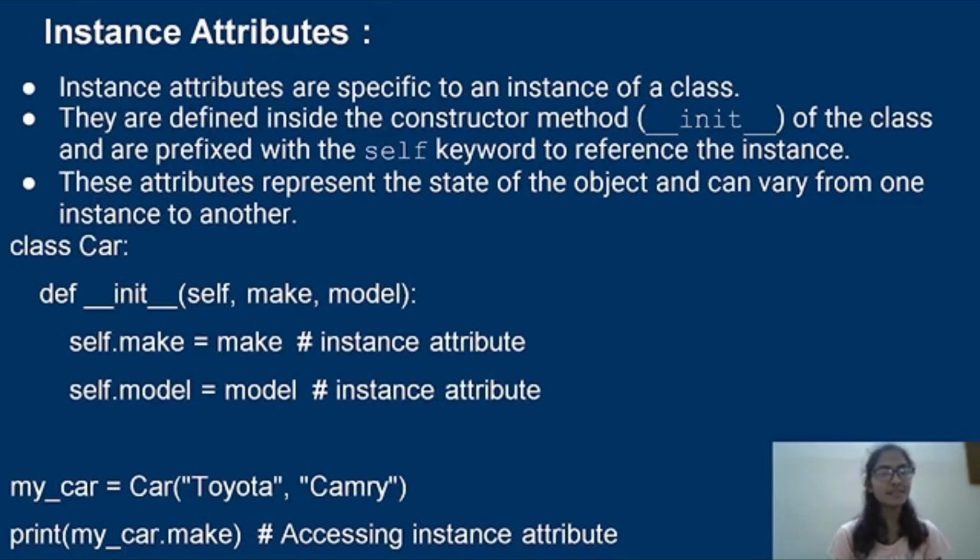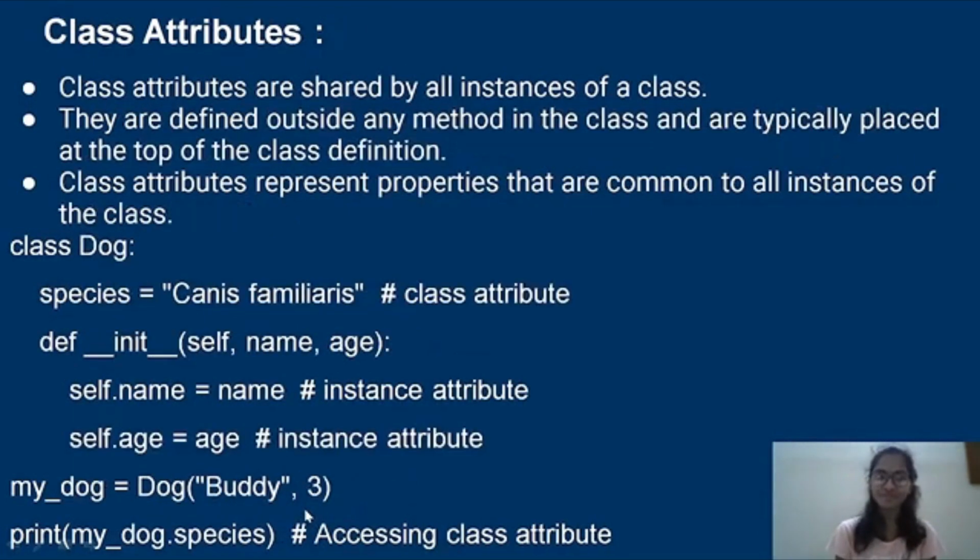In the example I have provided here, we have defined the class Car, defined __init__ with self, make and model. self.make equals make and self.model equals model. These are the instance attributes. Then my_car equals Car, Toyota and Camry. print my_car.make. This is how we access the instance attribute.